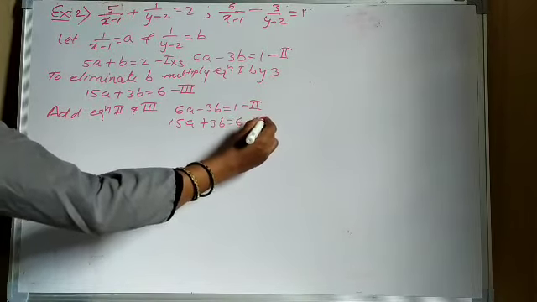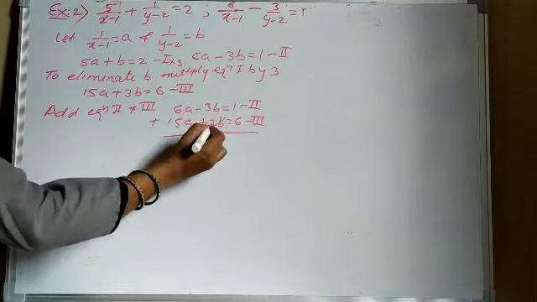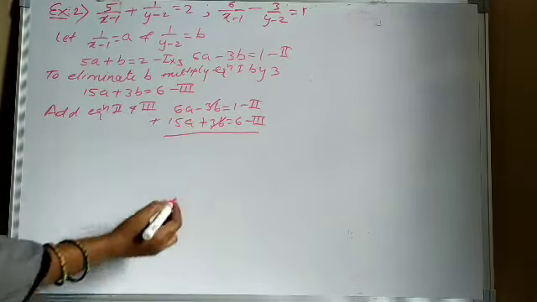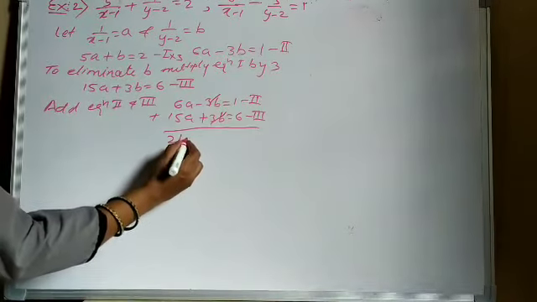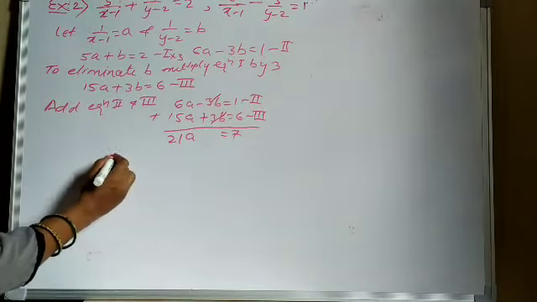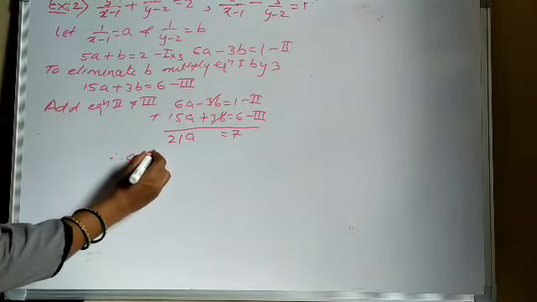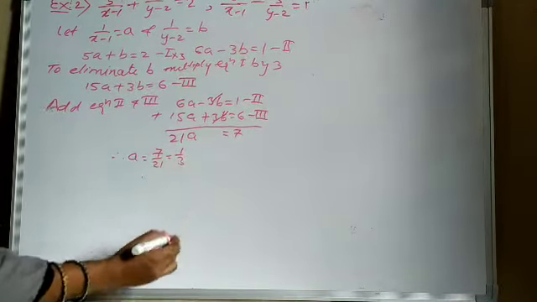Now we add both the equations. When we add, b will be eliminated. So 6 plus 15 is 21a, and on that side 1 plus 6 is 7. Therefore you will get a as 7 upon 21, that is 1 by 3.